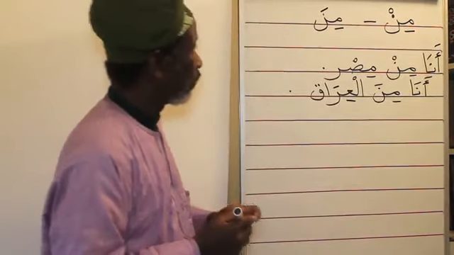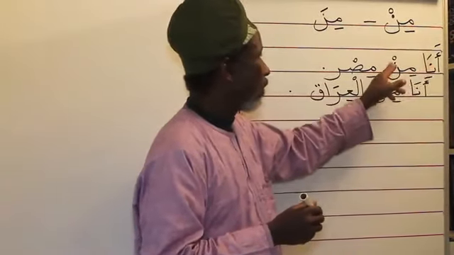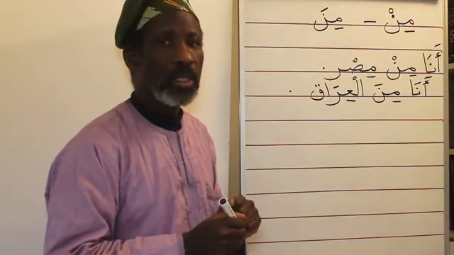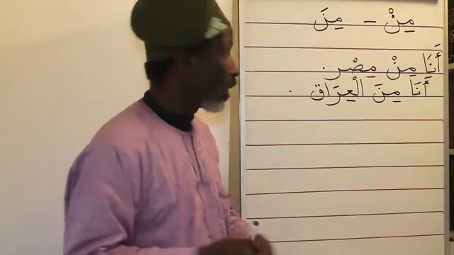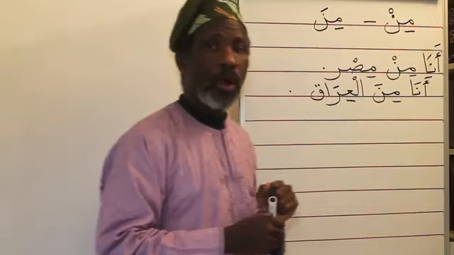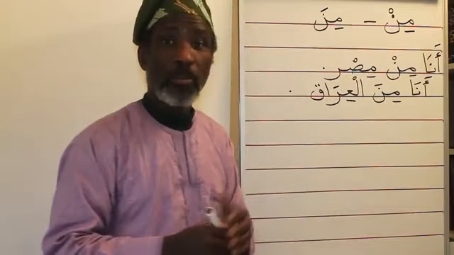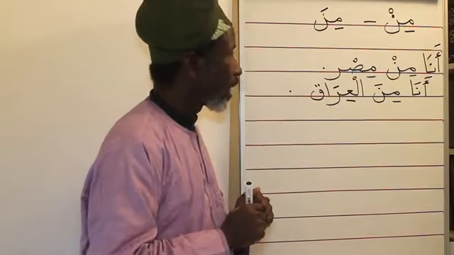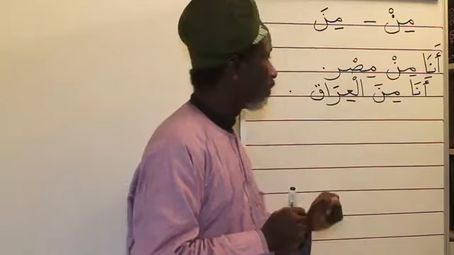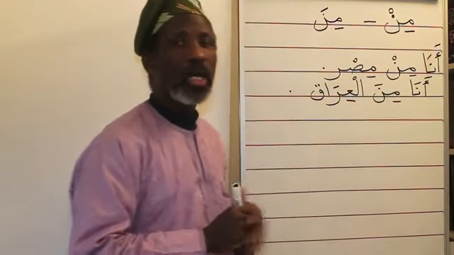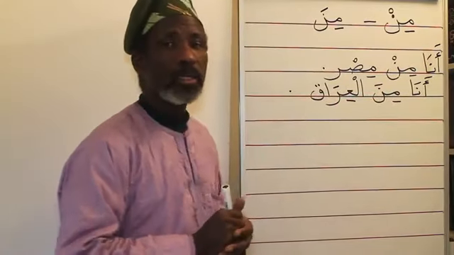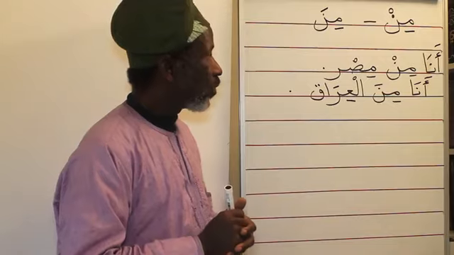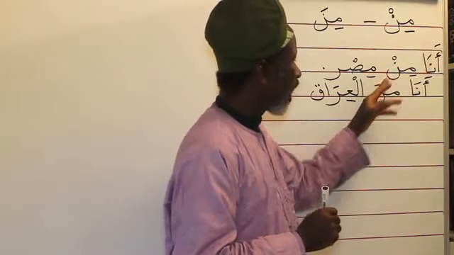Let's read these two. Ana min Misr. Ana, I am, min, from Misr, from Egypt. Ana min al-Iraq. I am from Iraq. Why am I writing min here and mina here?